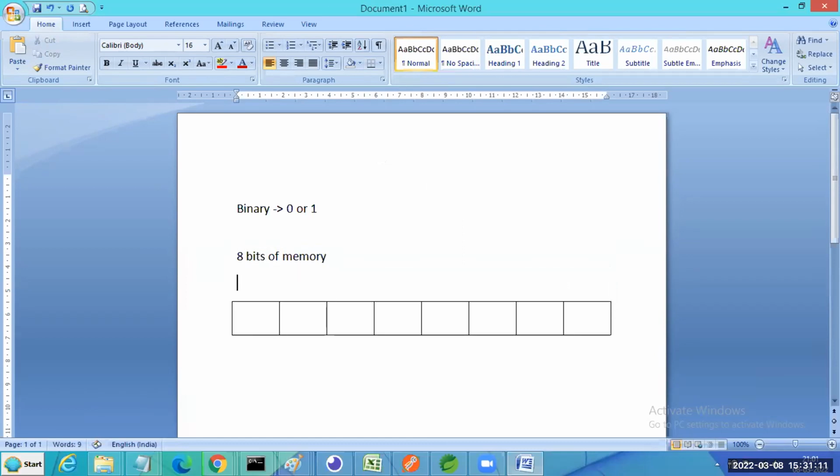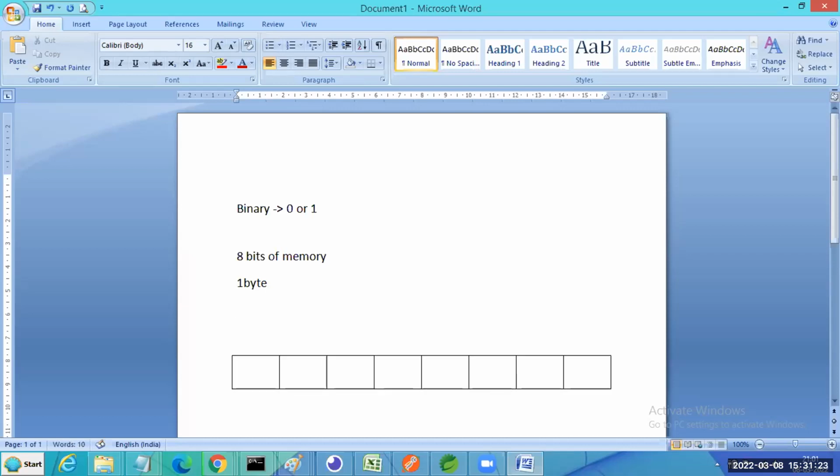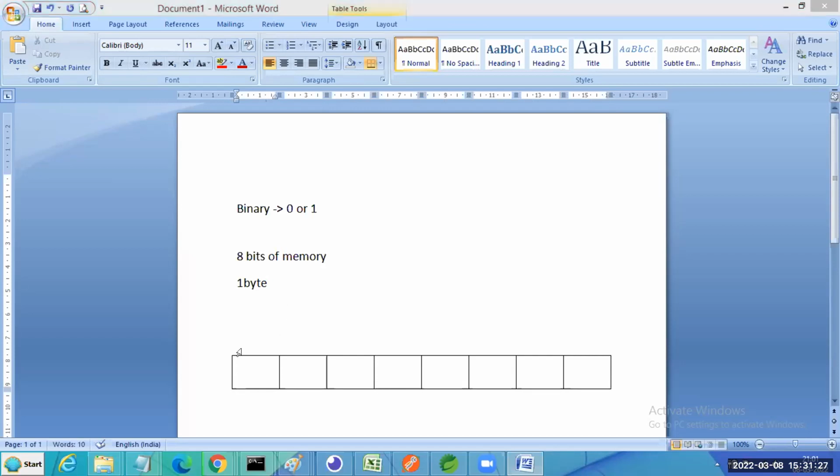So the minimum memory that we can reserve is 1 byte, right? We have to at least reserve 1 byte of memory. So this is a byte, and this byte can store either 0 or 1.